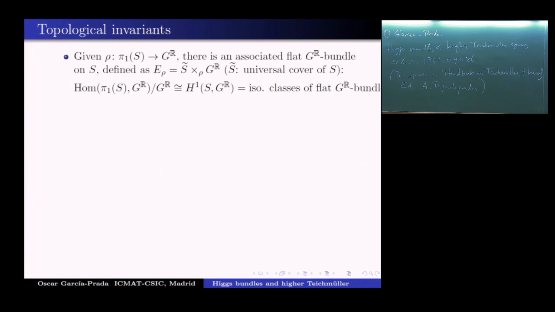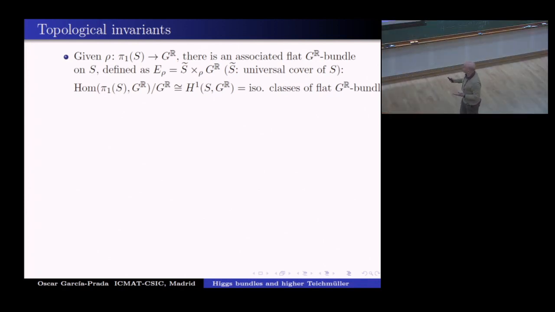All right, so from the point of view of representations and Higgs bundles, there are natural topological invariants that you can associate. So first, let me look at a representation.